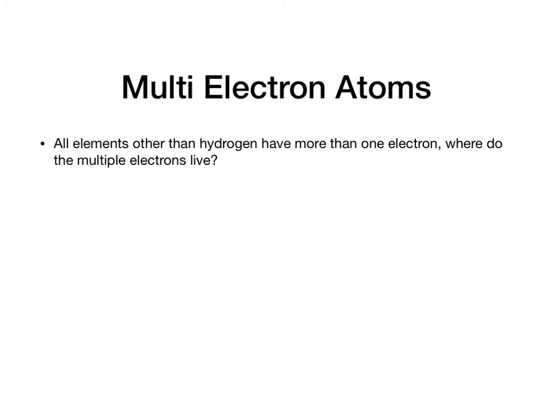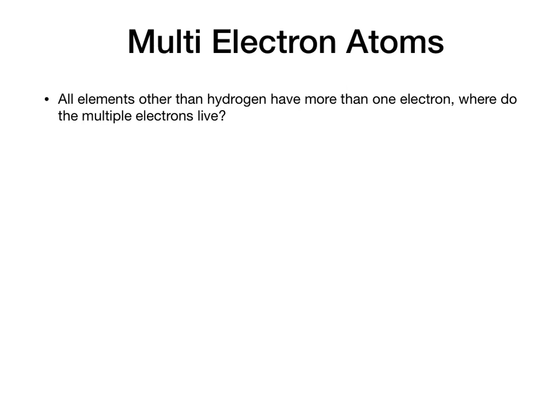So as we start to think about this, we've said that there are electrons, and these electrons live in orbitals. And when we think about hydrogen, hydrogen only has 1 electron. So all elements other than hydrogen, all 117 of them, have more than 1 electron. So if you have more than 1 electron, where do they live?